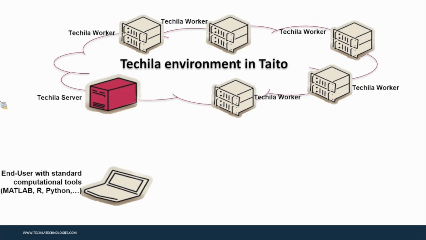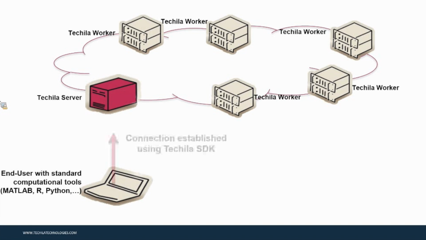So at the start, the end user needs the Techila SDK. And with this SDK, they are able to establish a network connection to the Techila server. And this connection is secured using SSL, and it is authenticated by using their own personal Techila user credentials, which they can ask from their Techila admin.